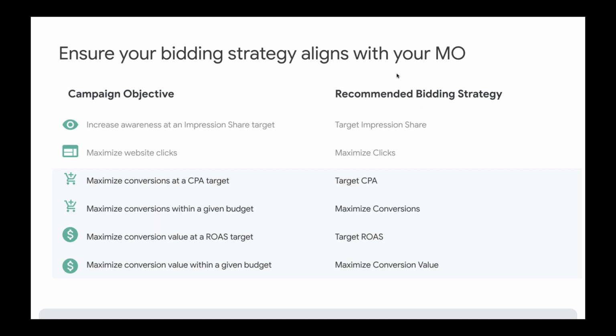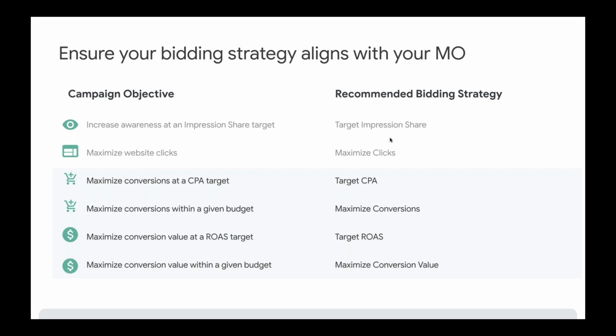The first, the middle ones there, focus on achieving a certain volume, and the two bottom ones focus more on profitability targets. Based on what you're trying to achieve, this is how you should think about it: do you want to go after volume, or do you want to go after profitability? And then, based on how your business is set up and what is possible to achieve, find the right bidding strategy for you.